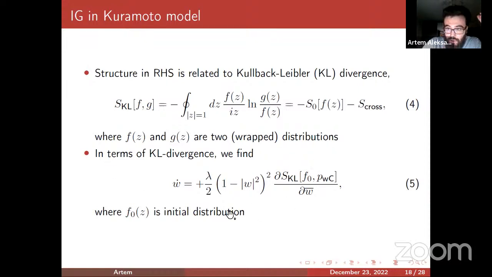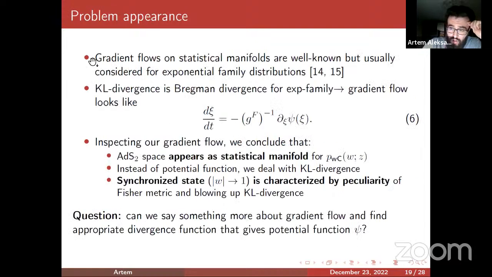And this structure is well known in the information geometry community, because it was discussed a lot of times. The statement is that gradient flows on statistical manifolds are well known, but usually these gradient flows are considered for exponential family distributions. It was made by Nakamura and Fujiwara in 2000.